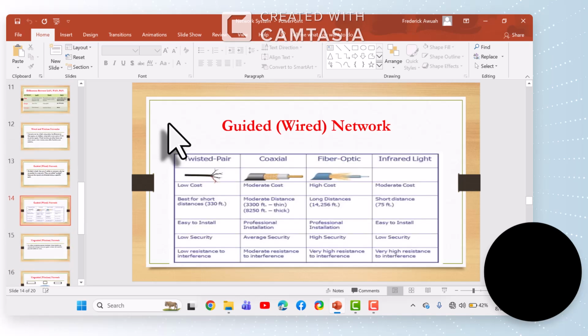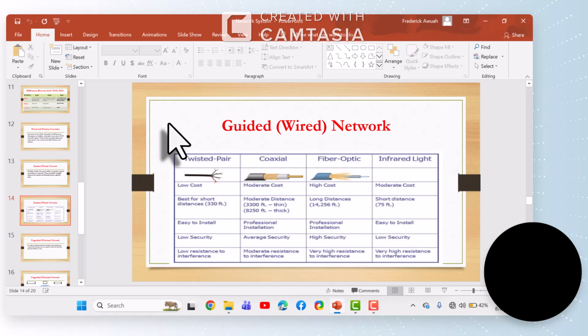And these are examples or the types of guided networks. You have twisted pair cable, coaxial, and fiber optic. The twisted pair normally uses the RJ45; you terminate it, then you connect to the Ethernet port.